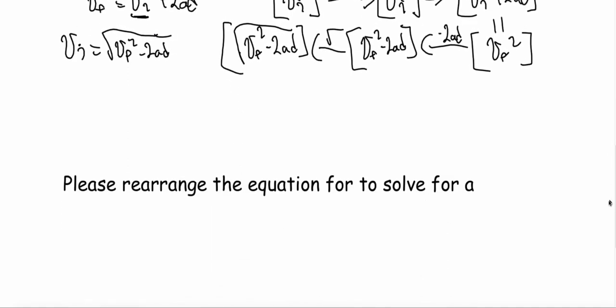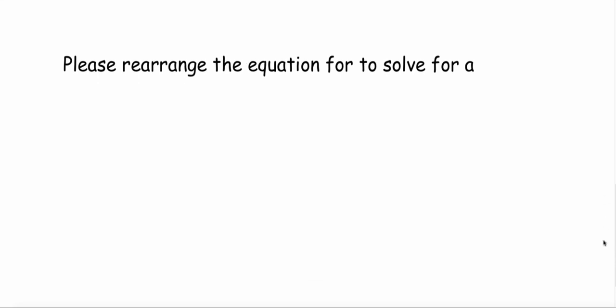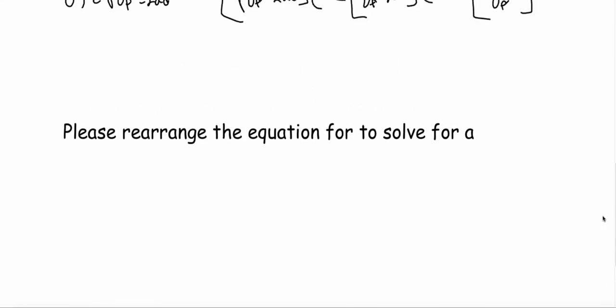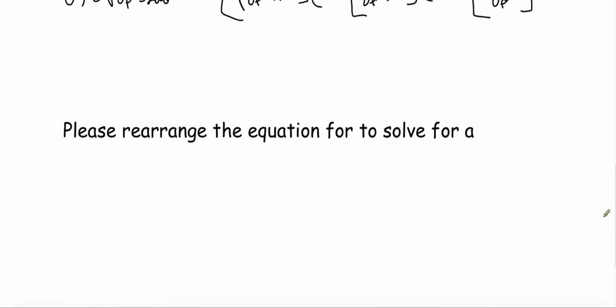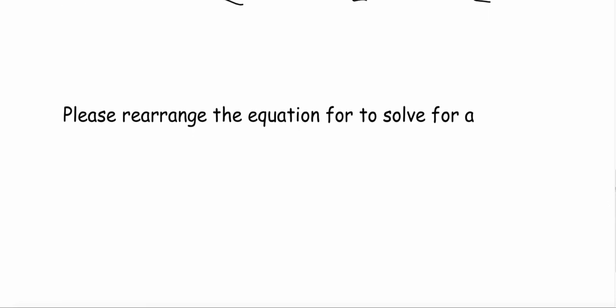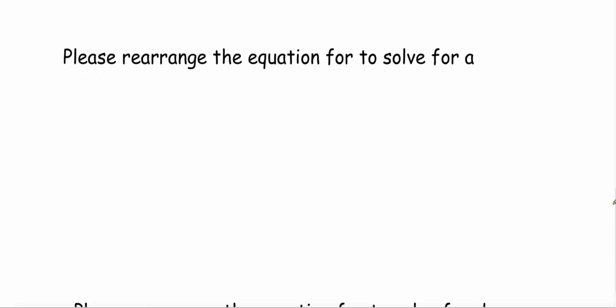Alright, so now this one here wants us to solve for A. So I'm going to write out my equation again, and then we're going to solve for A. So we have, oopsie, and we're trying to isolate for A. So I'm going to write out my A here.